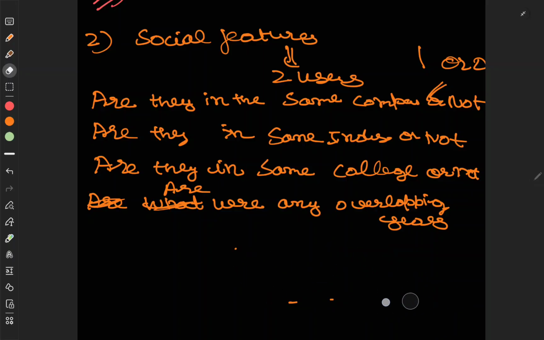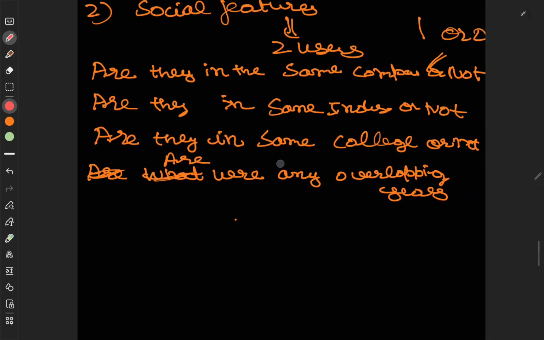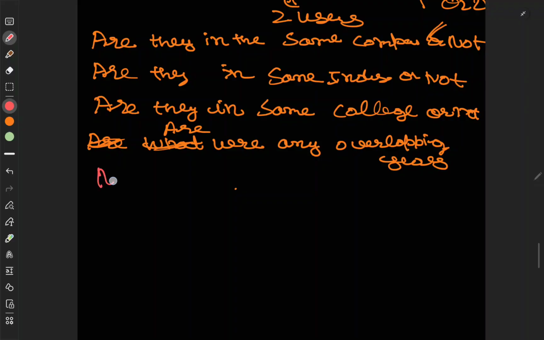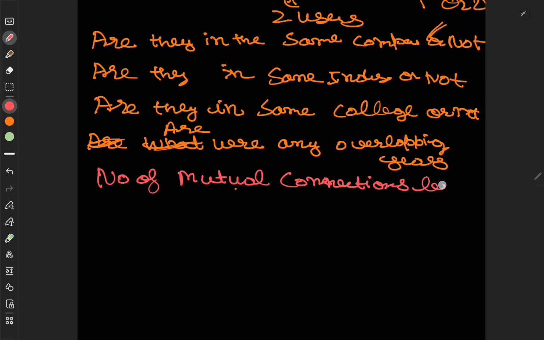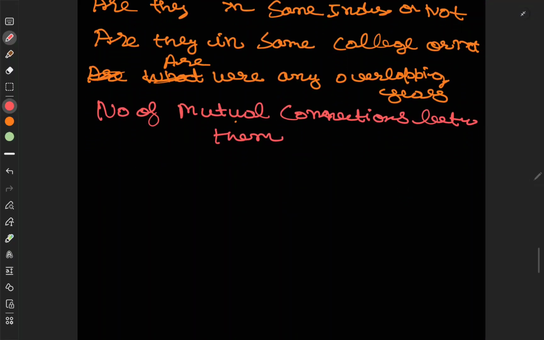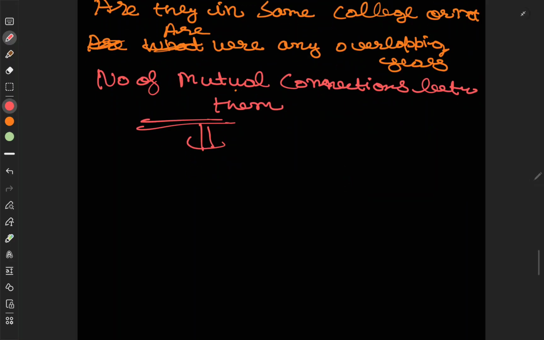Okay, then you can ask about the number of mutual connections between them. Now let me give you an example of how to convert this particular quantity into a feature.